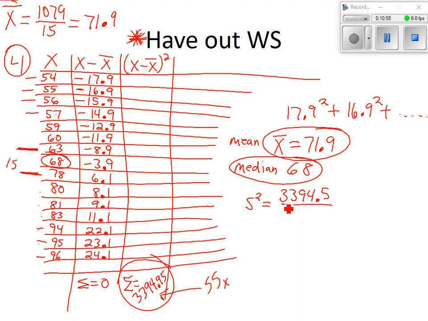So what do we divide this by? n minus 1. What is n this time? 15. n equals 15, so 15 minus 1 gives us 14.